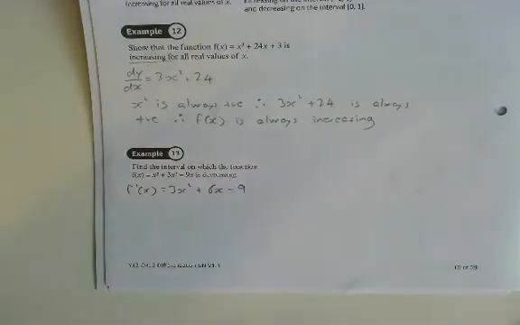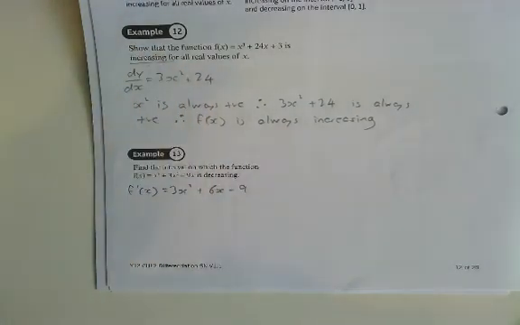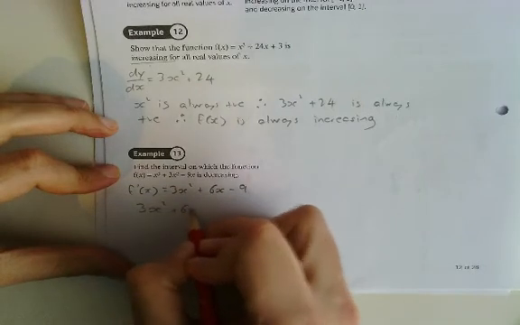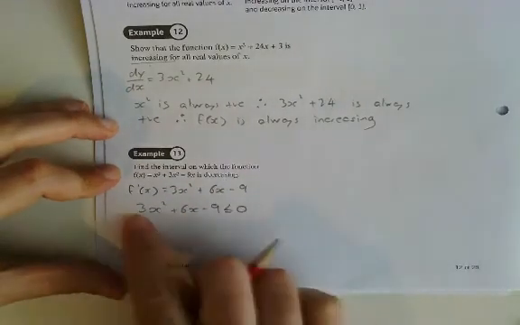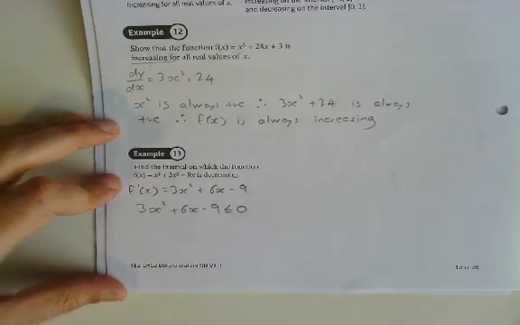That's my gradient function, my differential, whatever you want to call it. I want it to be decreasing, which means I want the values of x where that thing is less than or equal to 0. So we set it less than or equal to 0, and then just solve this.